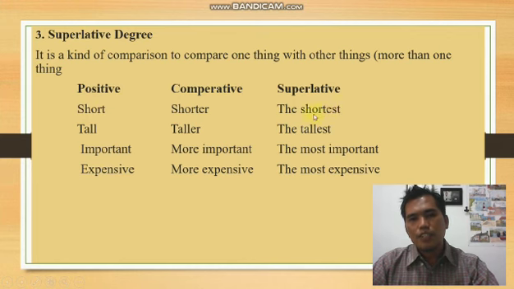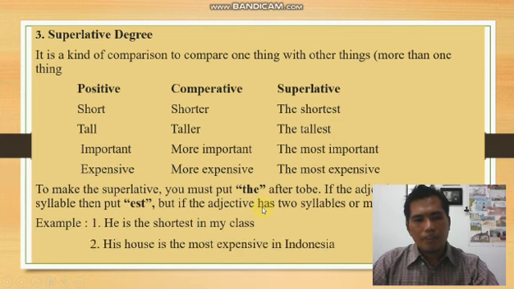Shortest, and don't forget to put the. The shortest, and also the tallest. When the adjective has two or more syllables, you have to put most before the adjective, and don't forget to put the.